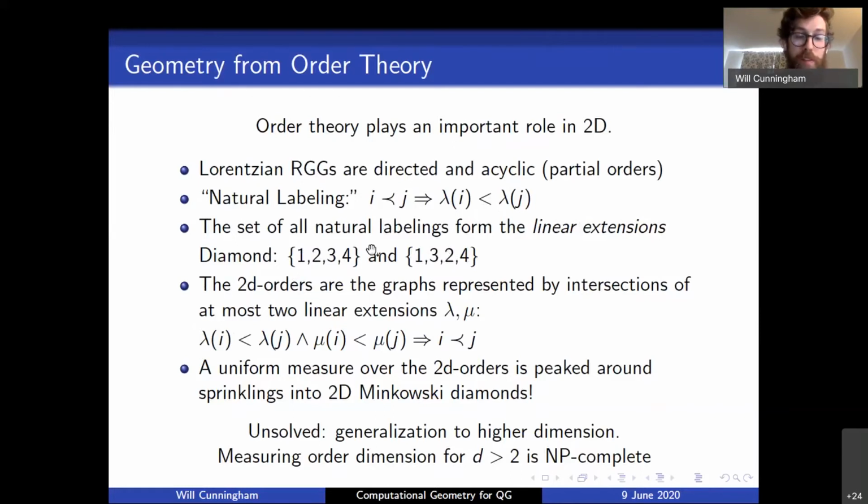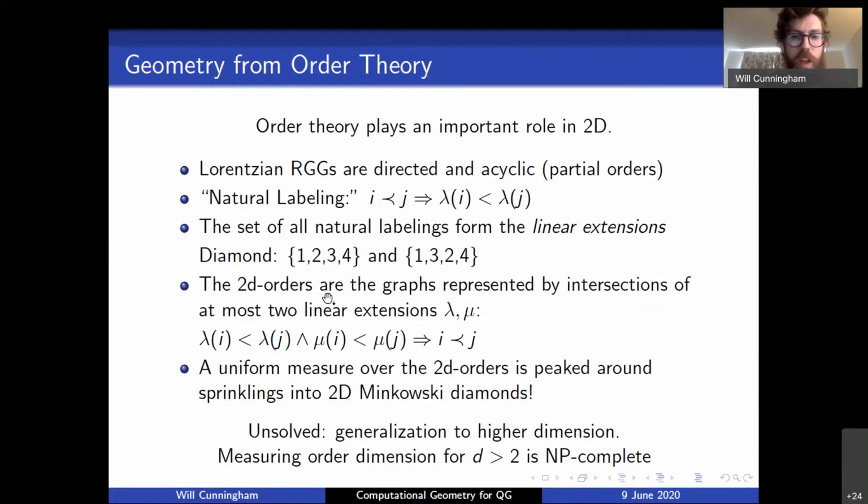So you would not have a link between elements 2 and 3 because of this. However, you do have a link between 2 and 4 and 3 and 4 because in both of these orderings, that same order is there. So in some sense, this natural labeling is a bijection to the integers that's order preserving.